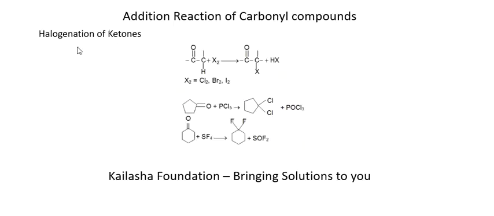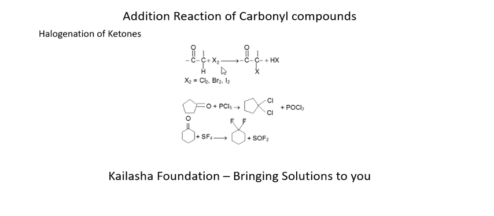Now the next one is halogenation of ketones. Halogenation means addition of halogens, which can take place by a pure halogen, X2, that is, reaction with chlorine, bromine or iodine directly will give us a product, which is also an addition.